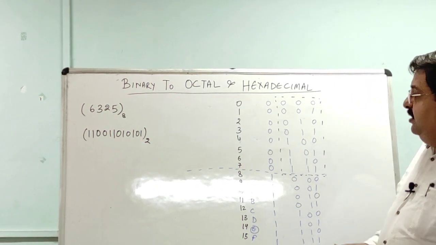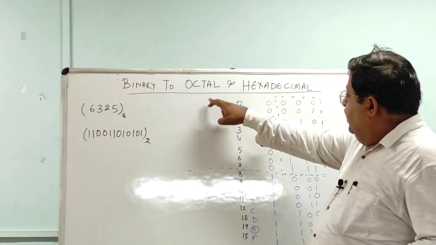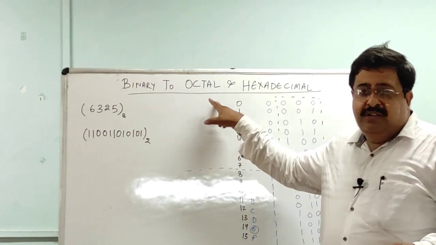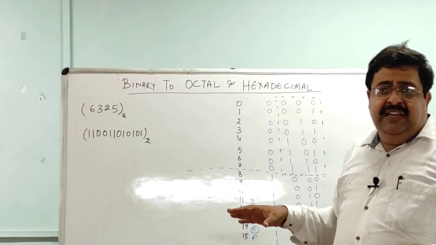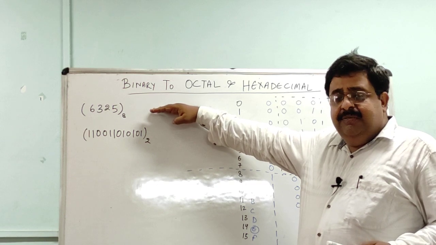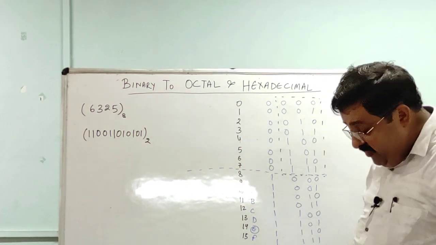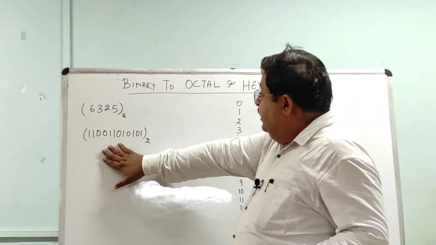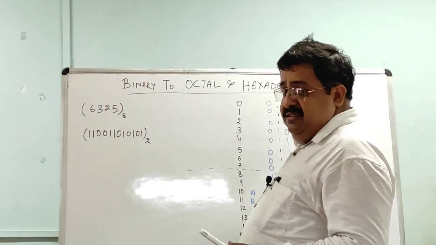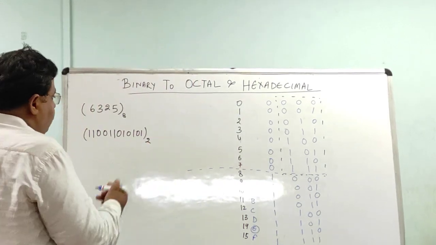There is no direct way we can go from octal to hexadecimal or hexadecimal to octal. The easiest way is to convert the hexadecimal or the octal number into binary and then proceed. The same number now we are going to convert to hexadecimal. How?